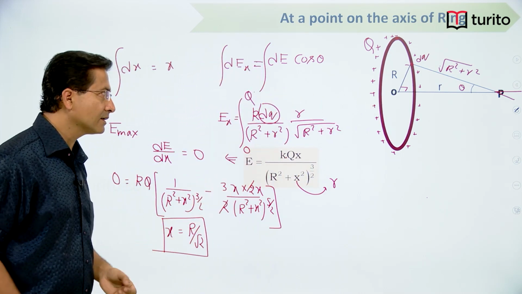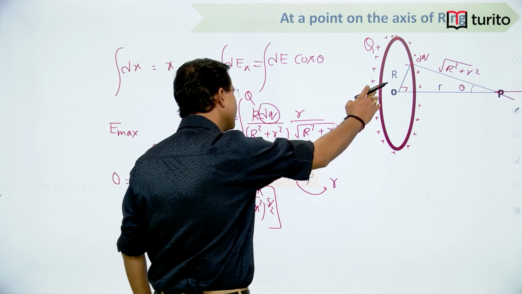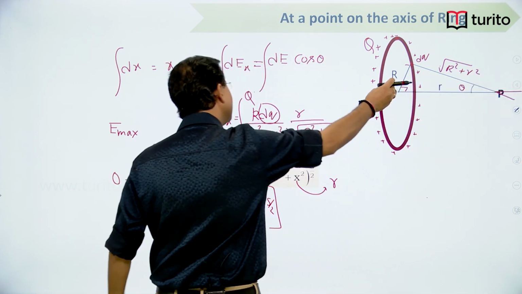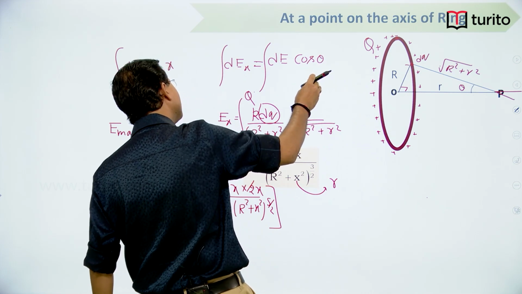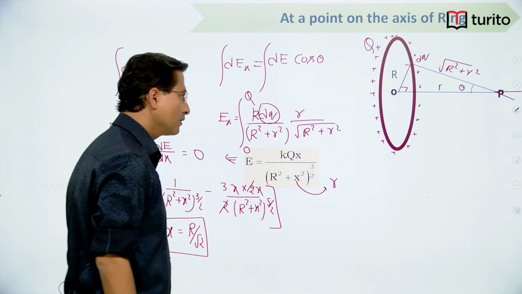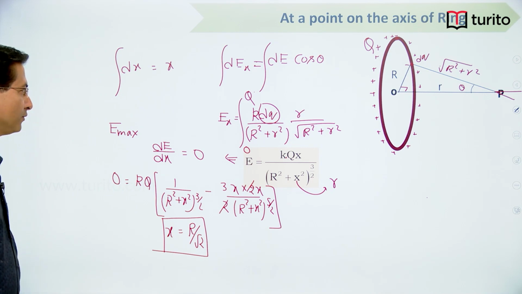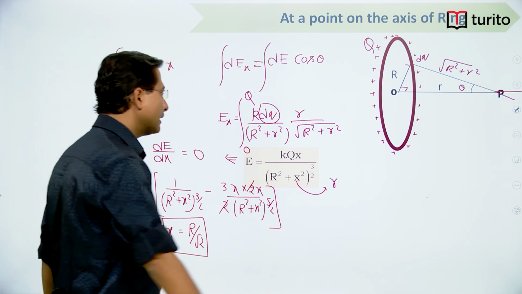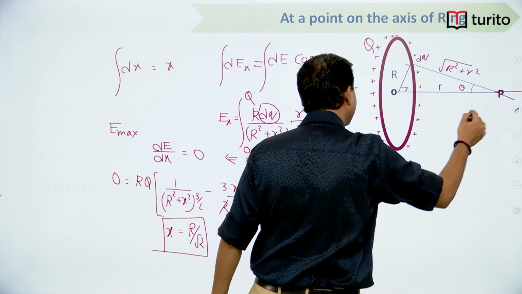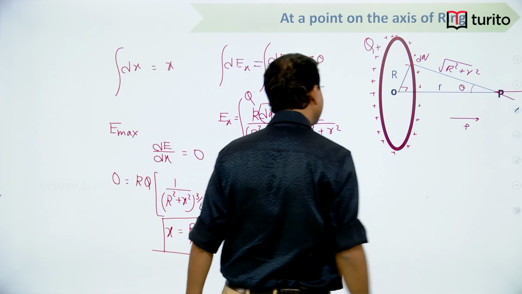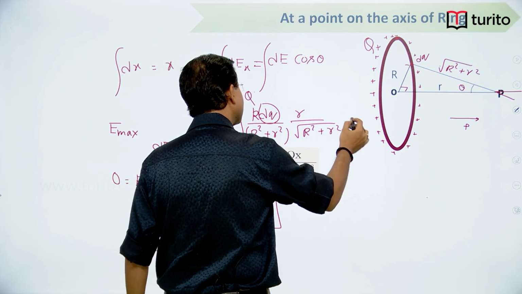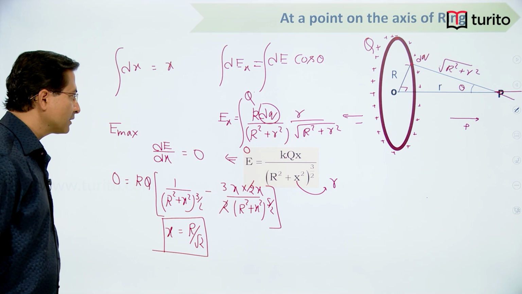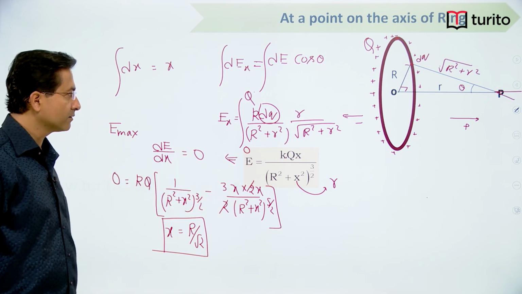The only difference is that when you are on this side of the ring, the field will be away from the distribution like this, and when you are on this side of the ring, the field will be away from the distribution like this. If we are drawing the field in vector form, I am considering that this is the positive direction of field, and this one is the negative direction of field, and I want to plot this variation, right.